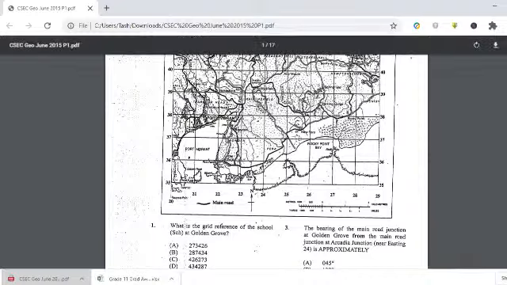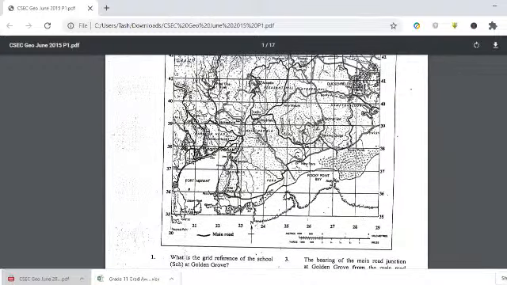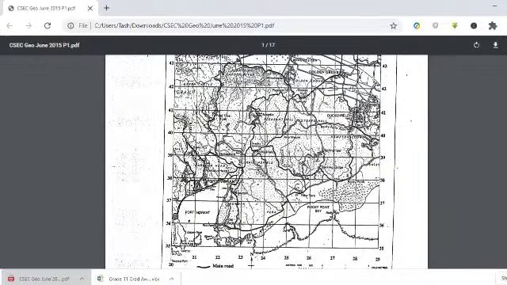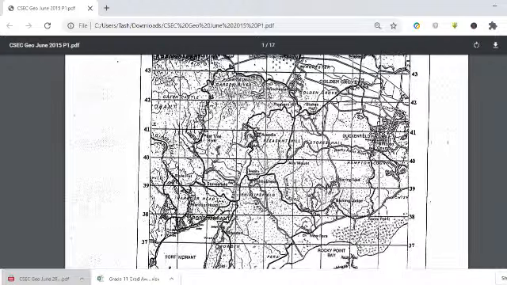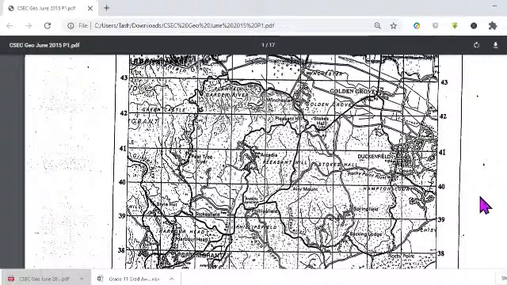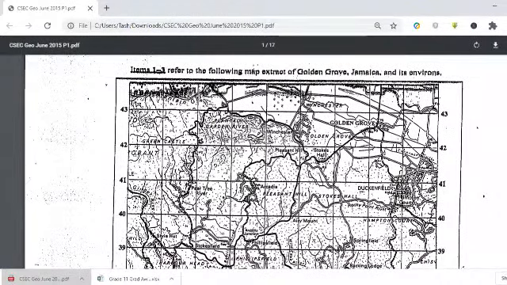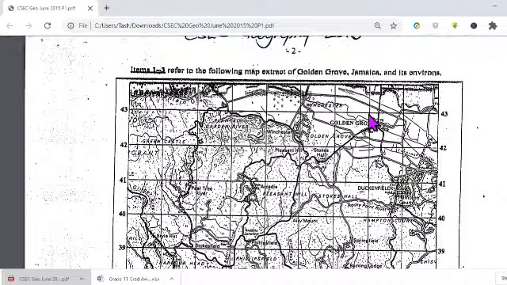So let me zoom in a little. This is Golden Grove here. This is the school. To find the 6-figure grid reference, remember that you're going to find the 4-figure first.